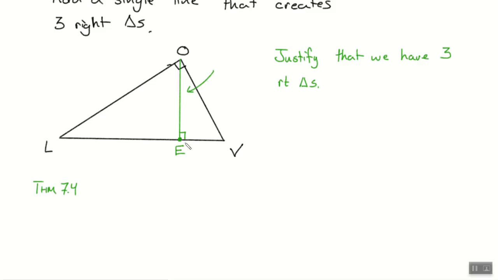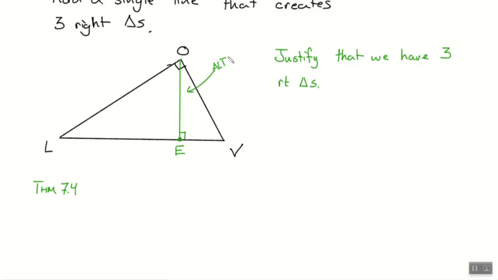One half base times height. Height is a more common word. Have we ever used another word for the height of a triangle? The altitude.